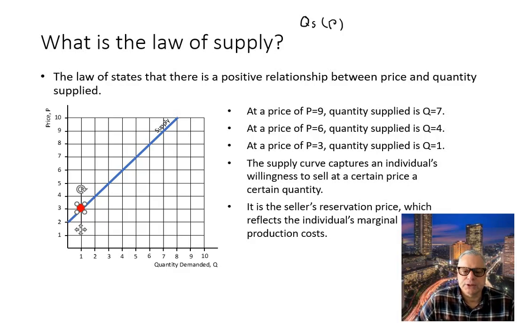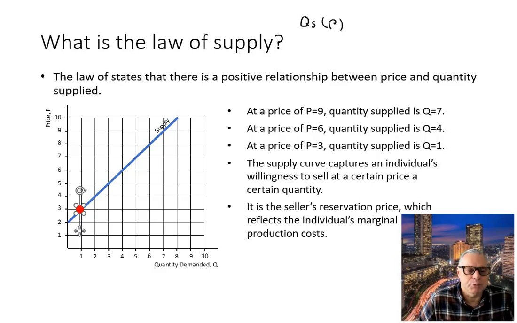So the supply curve captures again an individual's willingness to sell at a certain price, and this price is also known as the seller's reservation price. So for example, a quantity of 1 would only be produced if the seller could get at least 3.